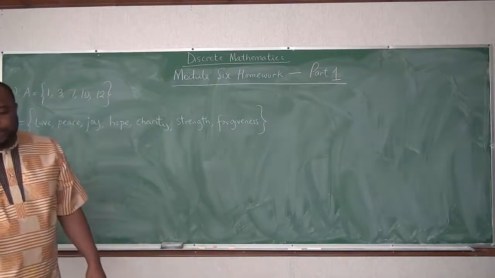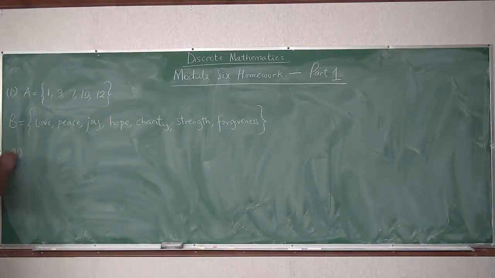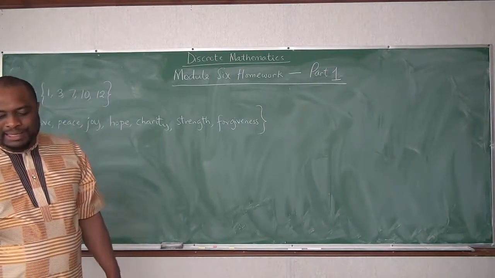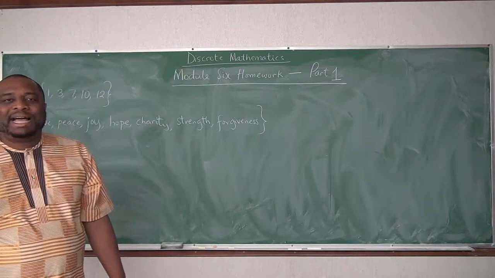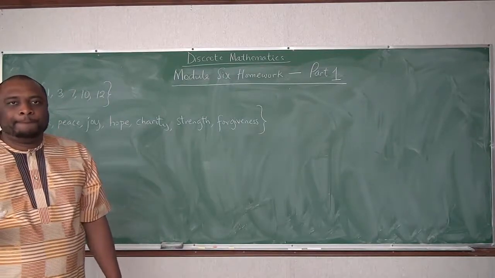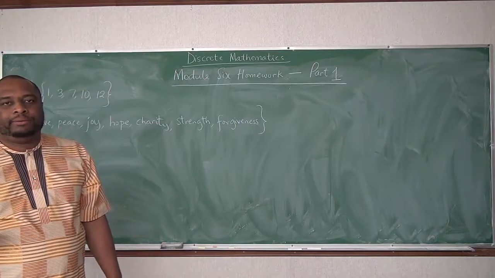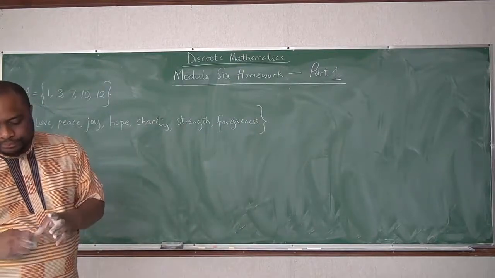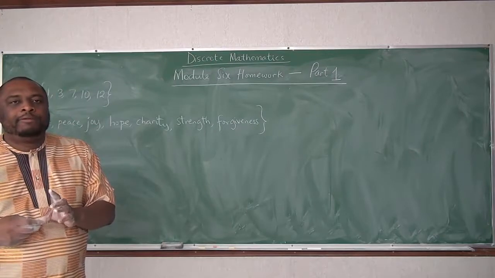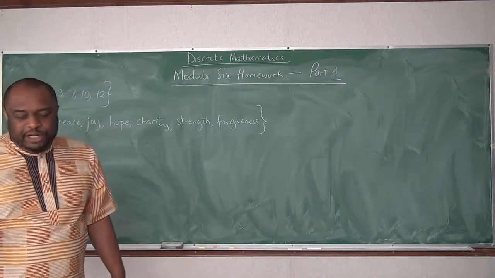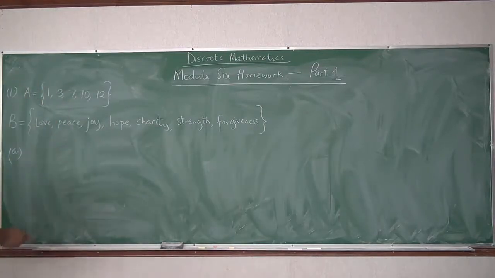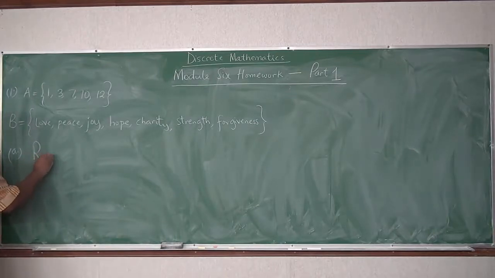So the question says, A: define a relation R from A to B that is a function and contains at least 4 ordered pairs. Remember, the relation is a set, so you use the braces.